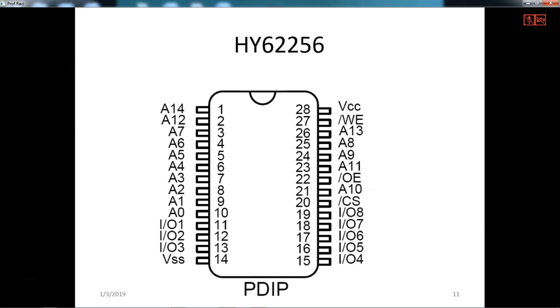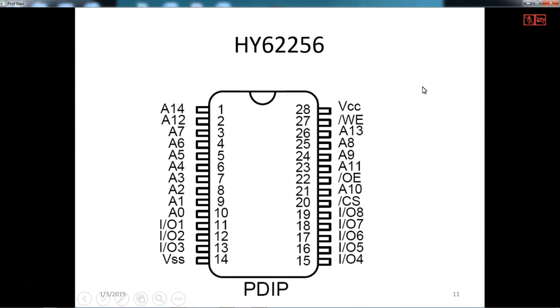When 15 address lines are there, what would be the memory size of it? 2 power 10, 2 power 5, so this is 32K. A0 to A14 means this is 32K.